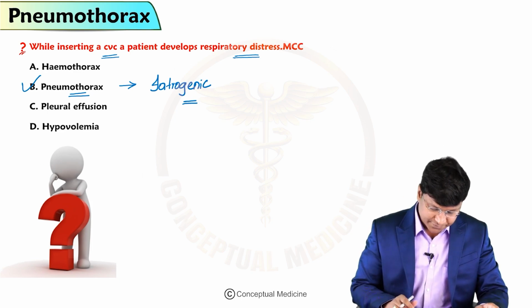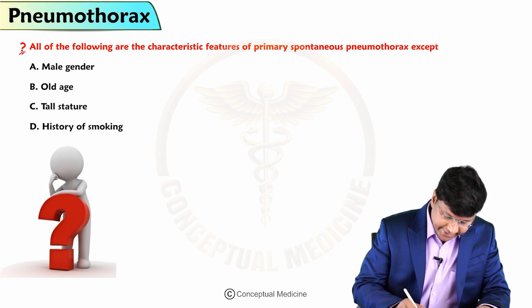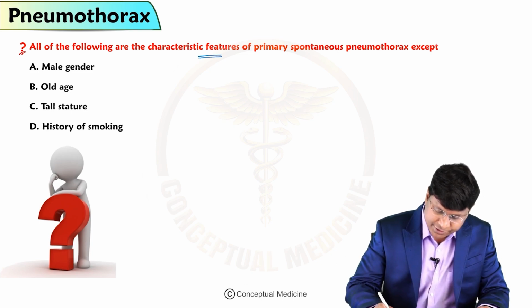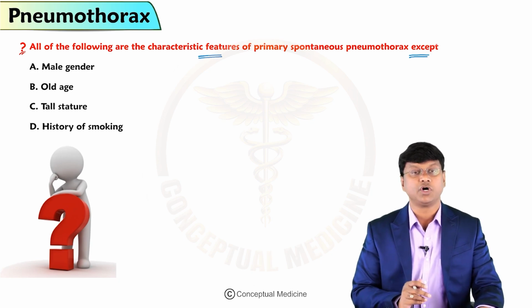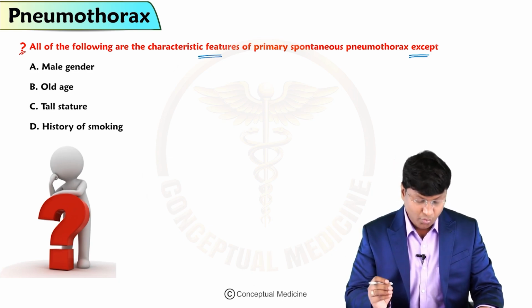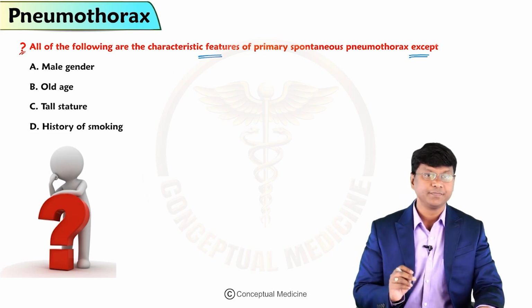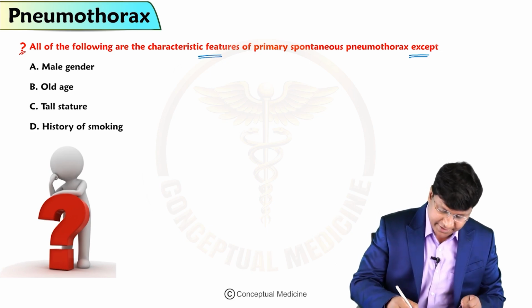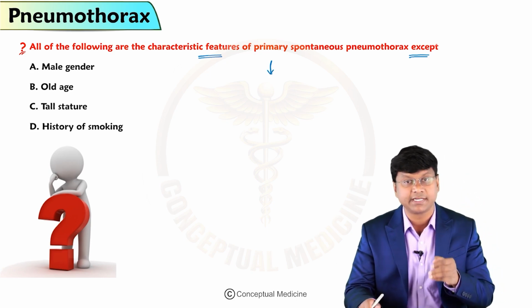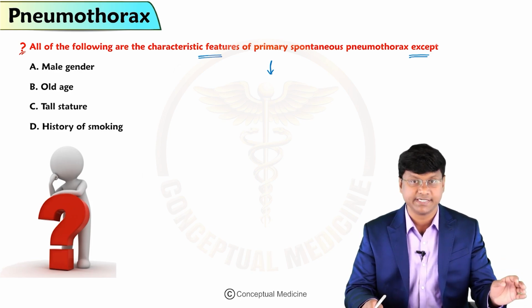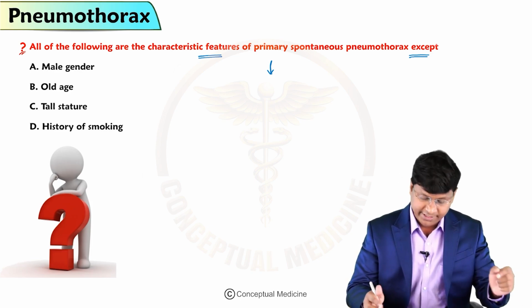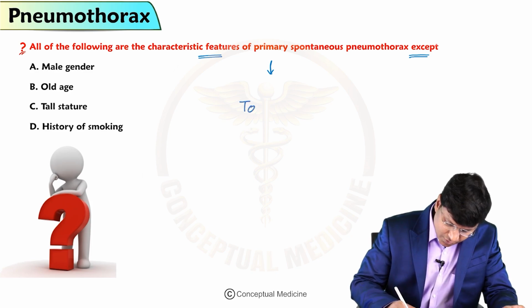Now, if you see the next question, all of the following are characteristic features of primary spontaneous pneumothorax except the options are male gender, old age, tall stature, history of smoking. We have discussed that primary spontaneous pneumothorax is the disorder which occurs in the absence of an underlying lung disease. It is seen in tall, thin, male smokers.